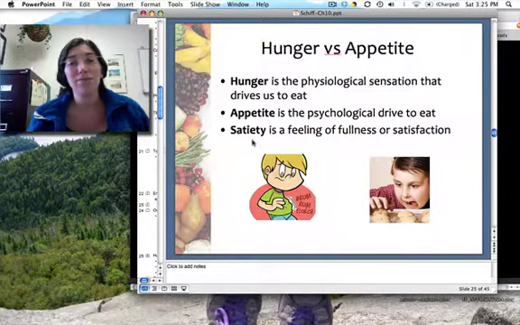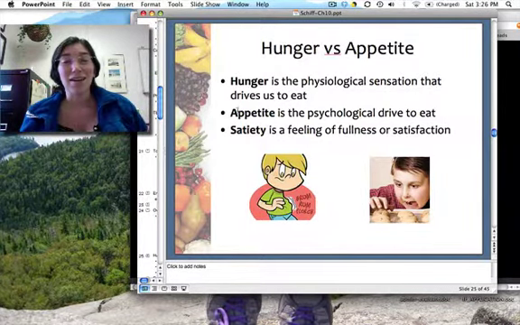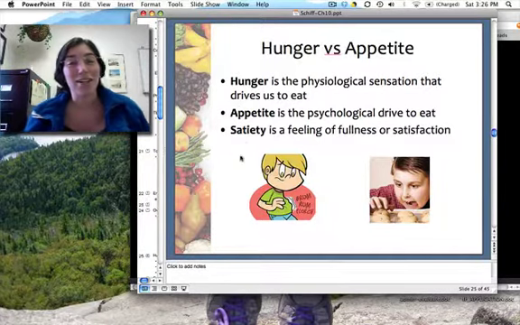The last sort of vocabulary word here is satiety. So satiety is feeling of fullness, feeling satisfied with what you've eaten. Satiety can be applied to both hunger and appetite, I guess is what I'm saying.